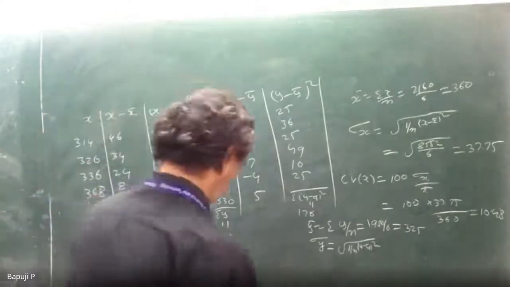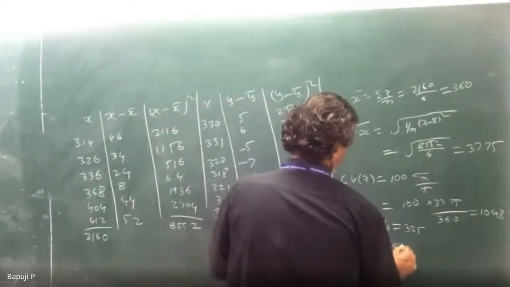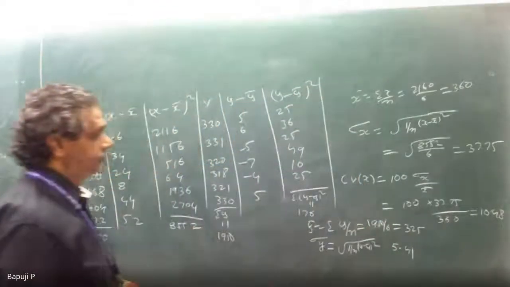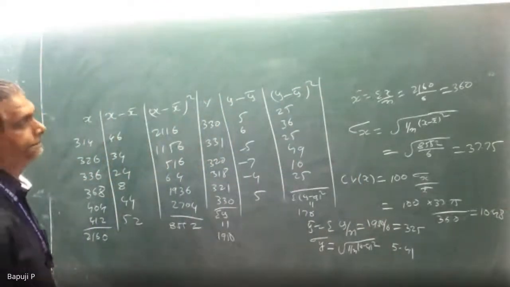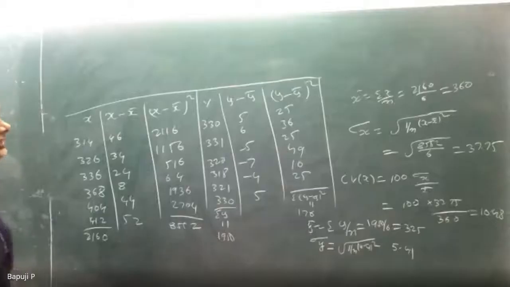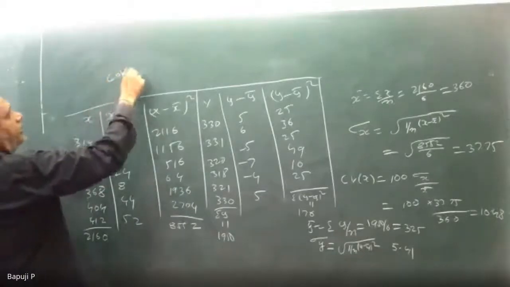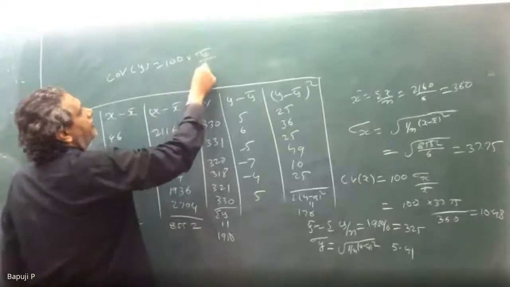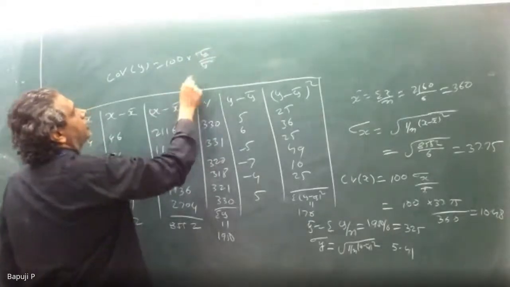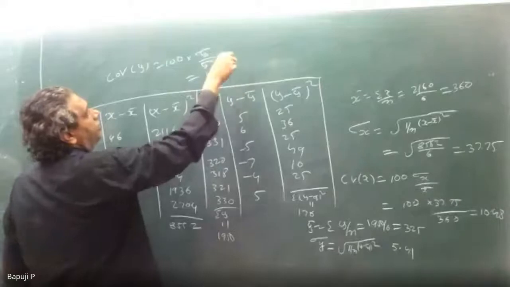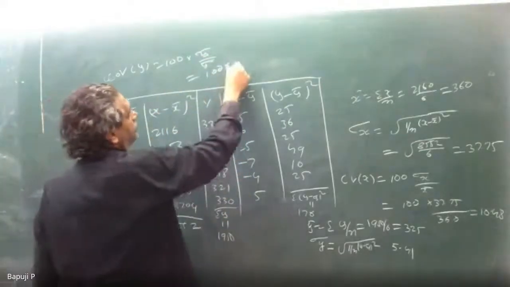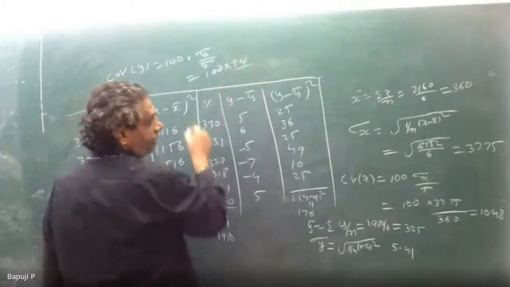What is sigma y? 5.41. Correct? Then the coefficient of variation of y is equal to 100 into sigma y by y bar, which is 100 into 5.41 divided by y bar.